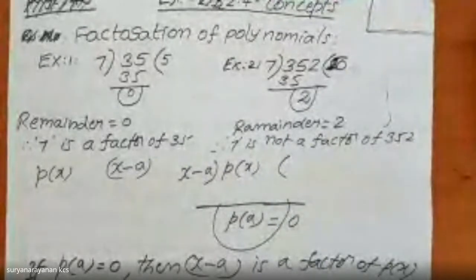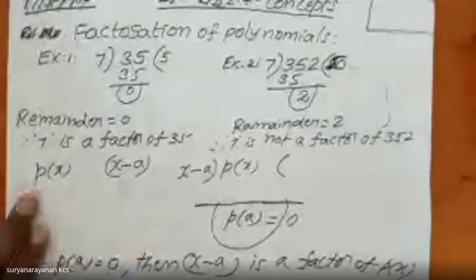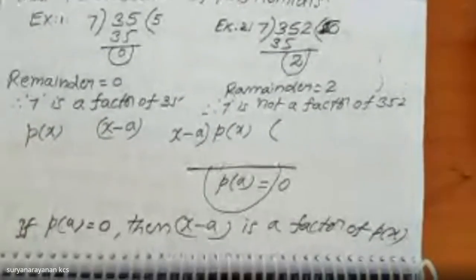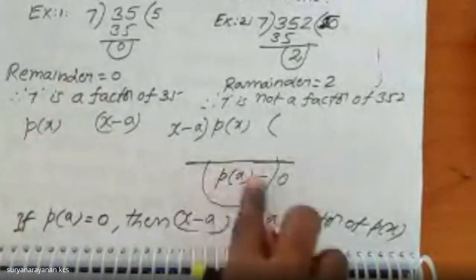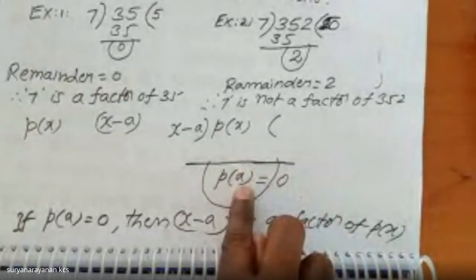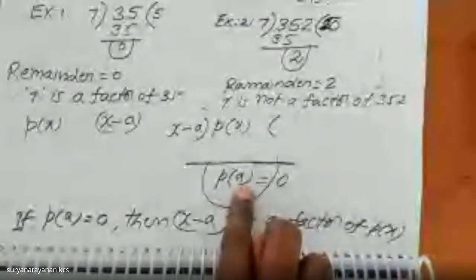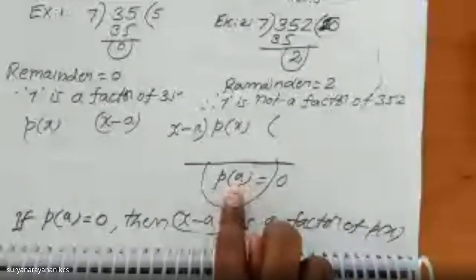How do you say a linear polynomial is a factor of the given polynomial? You have to find the remainder. As you found P of a in the previous exercise, you also have to find P of a here.